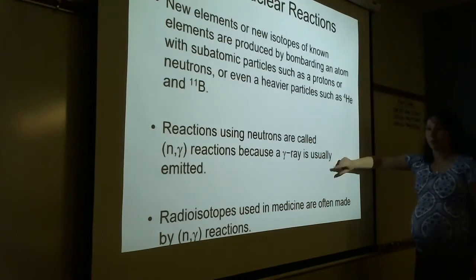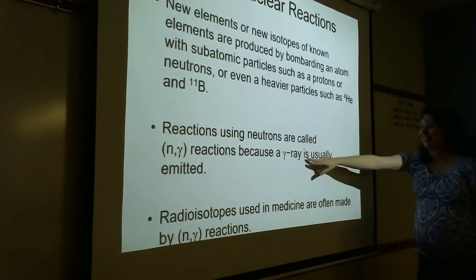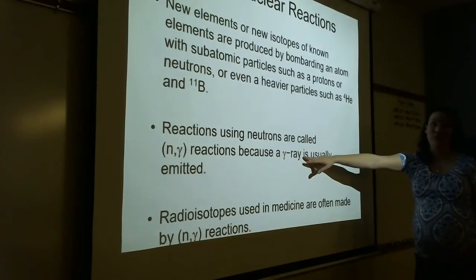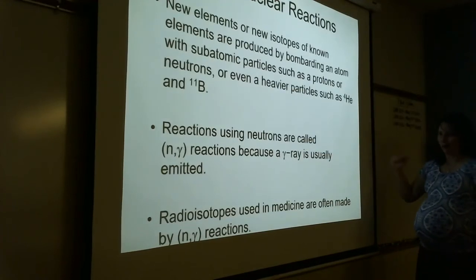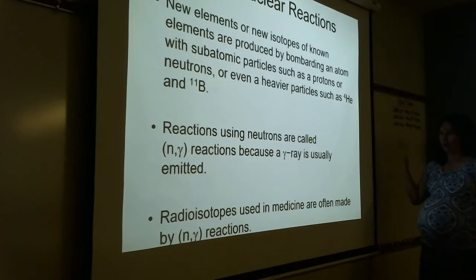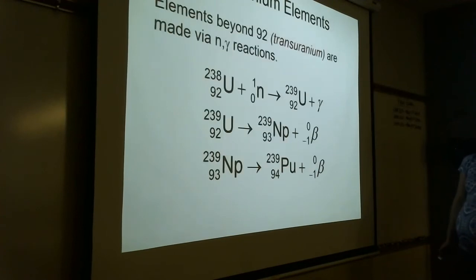This is not something you want to do in your basement, right? Because you're going to get gamma radiation. That would kill you pretty quickly. Not something I recommend doing at home. Probably going to get some federal authorities showing up at your house too. And so here's an example of radioactive phosphorus. So you're producing this gamma radiation here.